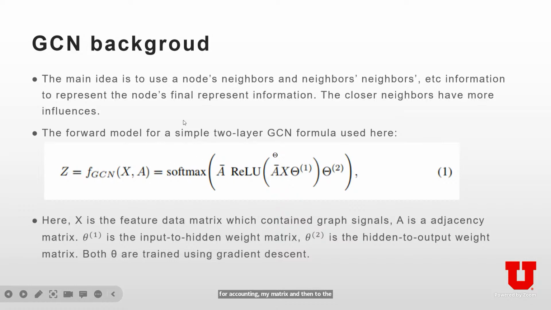The main idea is to use the neighbors' information to represent each node, doing a convolution over the original nodes.